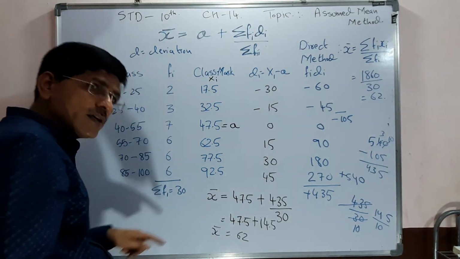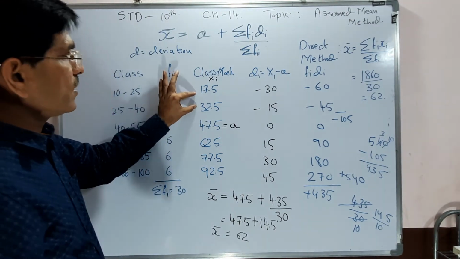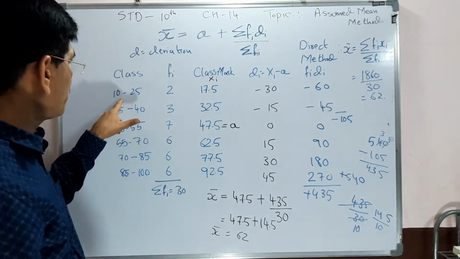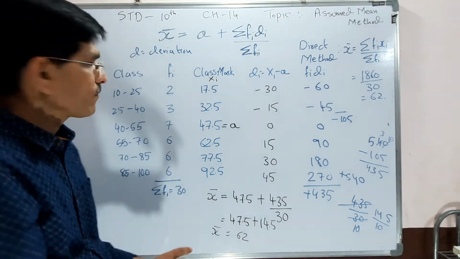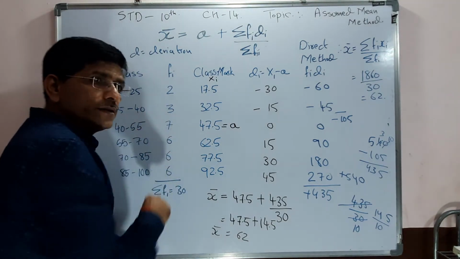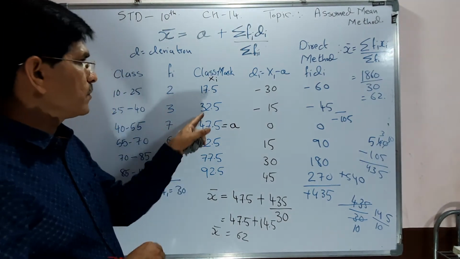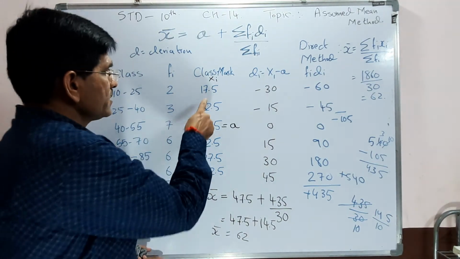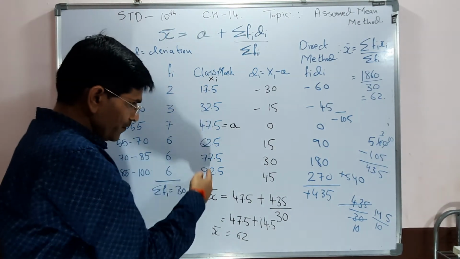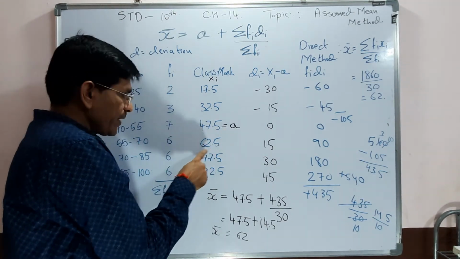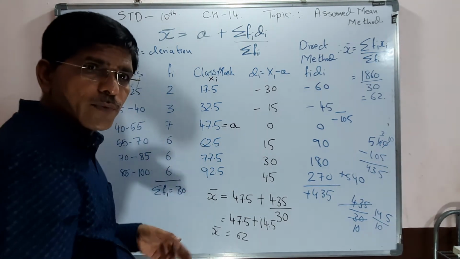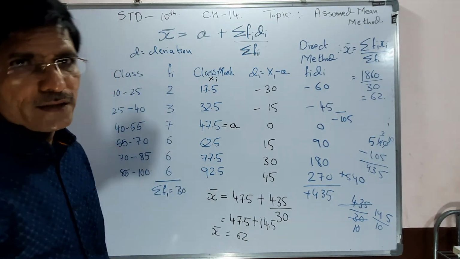But don't go further, because we already know the difference. 10 plus 25 is 35, divided by 2 is 17.5. 25 plus 40 is 65, divided by 2 is 32.5. Now the difference is 15, so go through 15, 15, 15: 47.5, 62.5, 77.5, 92.5.